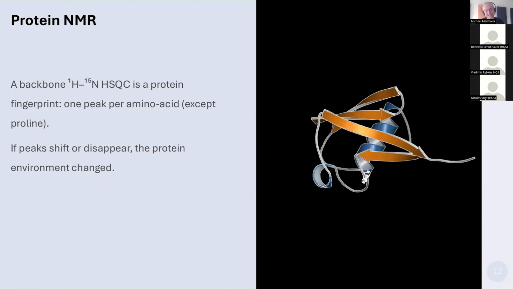It's a very common and well-measured protein. The type of spectroscopy is called HSQC. It reveals the coupling between the protons and 15N, so 1H and 15N, for basically the amino acids.